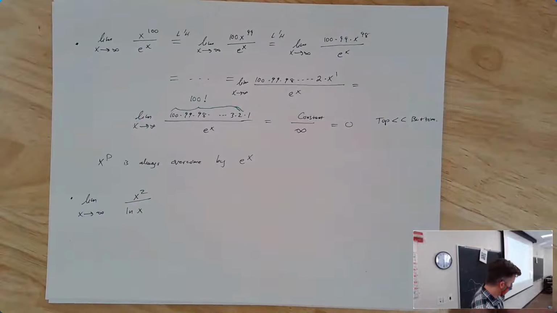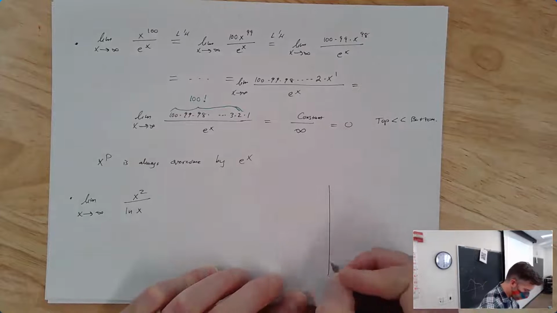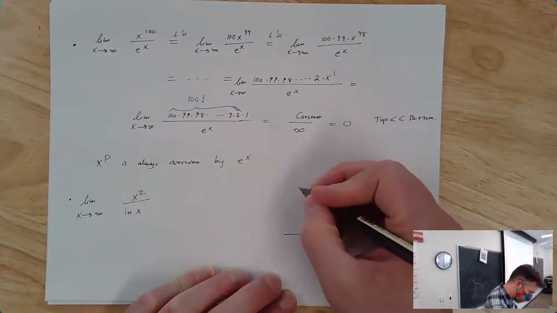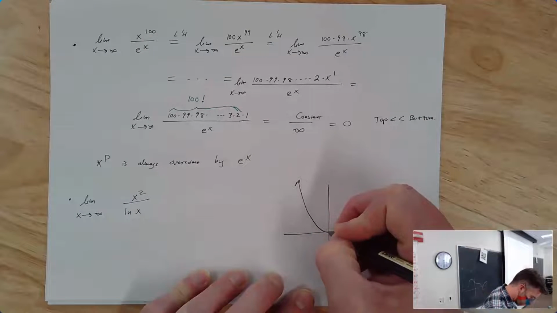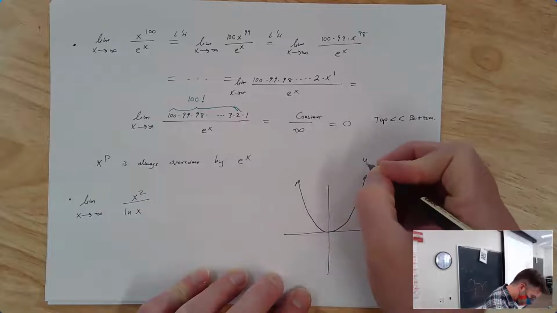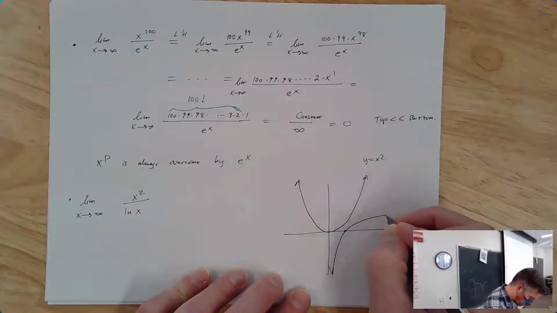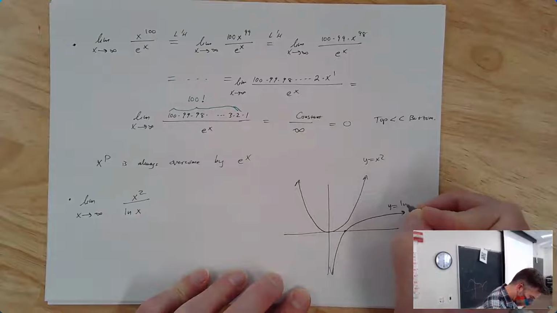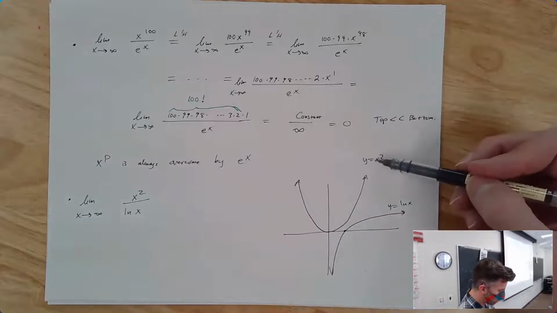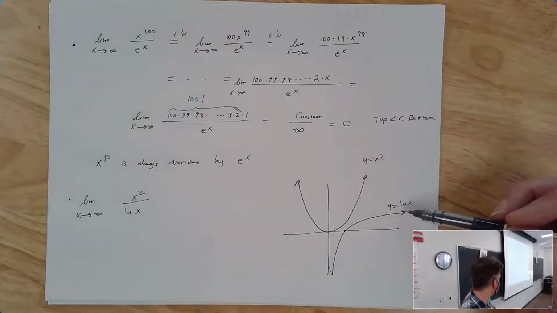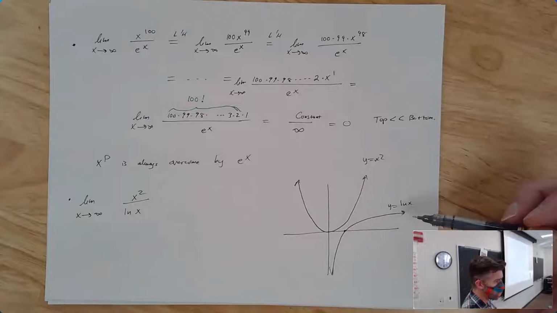Now, this one shouldn't be a surprise. If you think about the graphs, I know we haven't done it yet, but before we do, I'm going to tell you the answer isn't going to be very surprising. Here's what x squared looks like. And here's what the natural log of x looks like. If you do these values divided by those values, it's going to be really big.